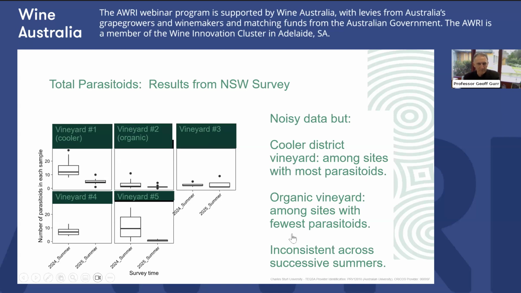And the other message from these data is that we had inconsistency across successive summers. You see, perhaps for vineyard number 1 and vineyard number 5 particularly, high numbers of parasitoids in 2024, but that didn't necessarily translate to high numbers the following season for reasons that are not clear.